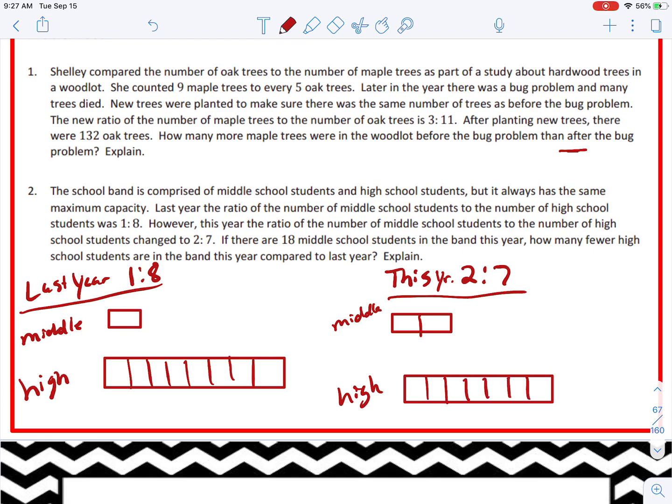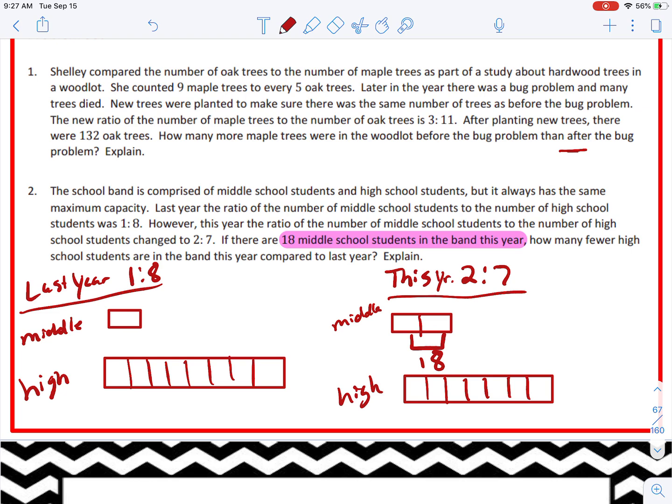Okay, so it's asking us, this year the ratio is 2 to 7. If there are 18 middle school students in band this year, okay, so these two have to equal 18. How many fewer high school students are in the band this year than last year?